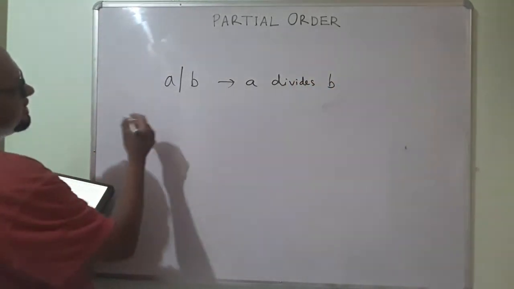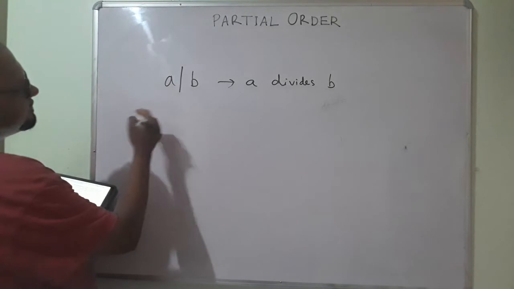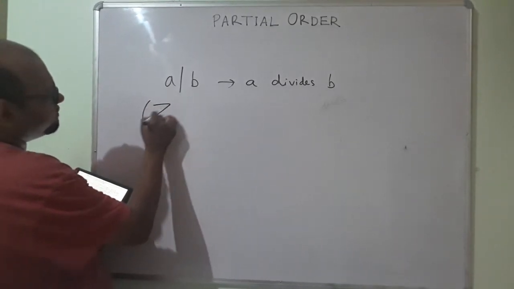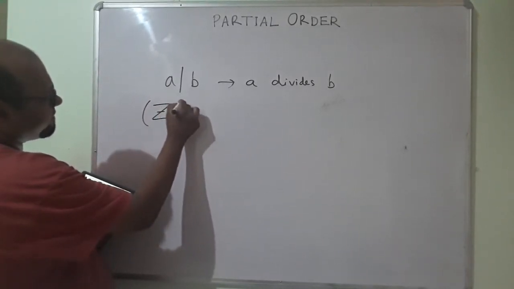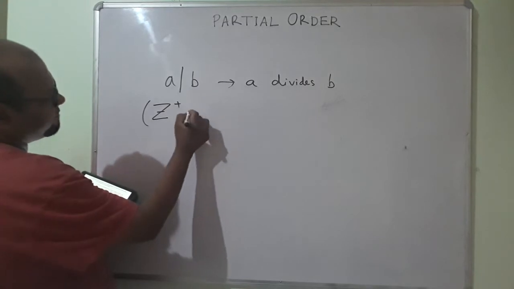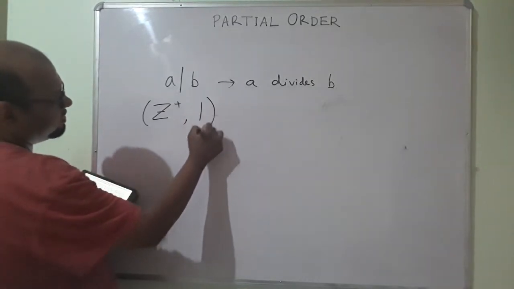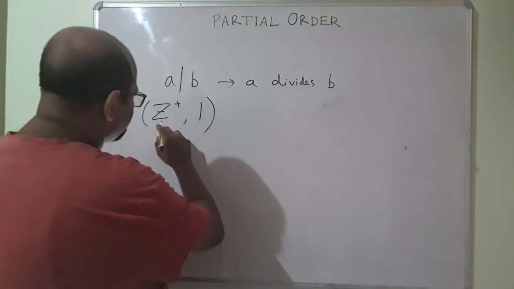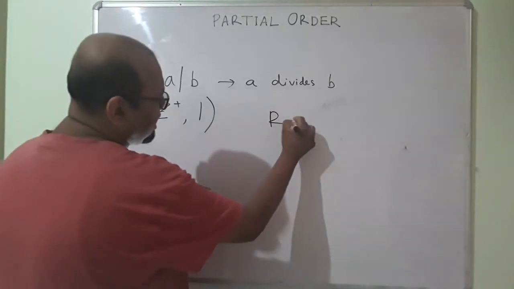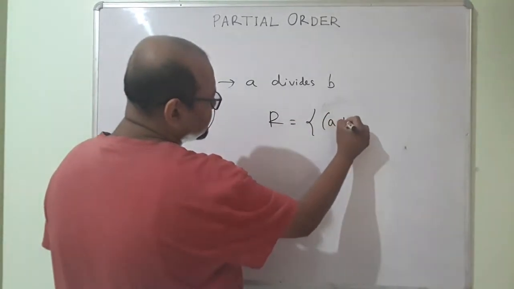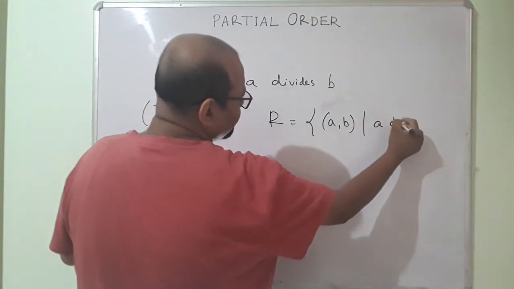And this is the set of positive integers, and this symbol means we have a relation R. R is the relation (a, b) such that a divides b.